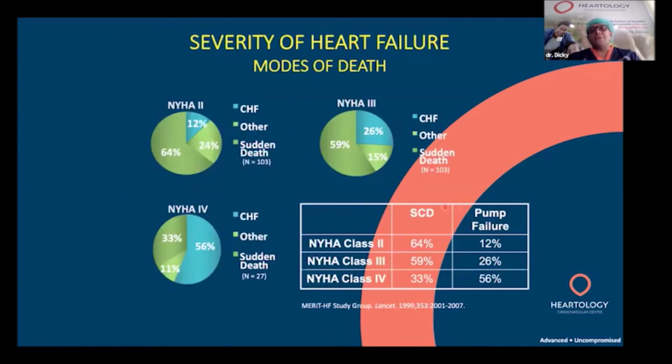And of course, in functional class 2, sudden cardiac death is the prominent cause of death, up to 64%, but in functional class 4, it is pump failure that is the prominent cause of death.